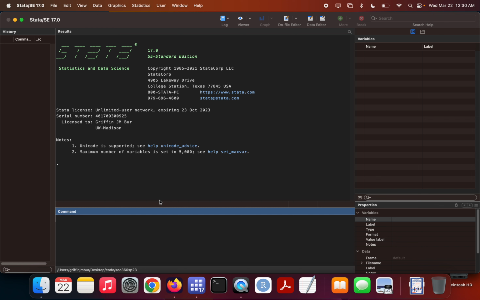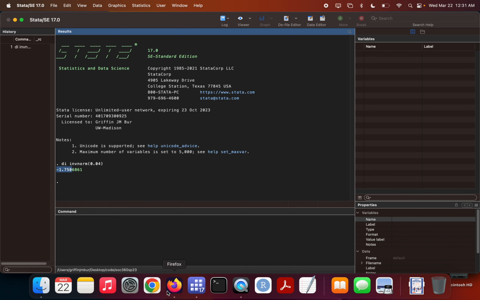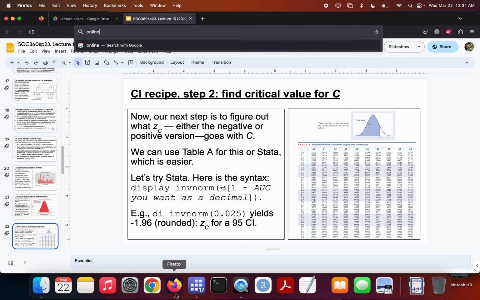What that means is we want to think, okay, what's the area under the curve outside of that? It's 8%. And then what's half of that? It's 4%. So we're going to say display inverse normal 0.04, and we get negative 1.75, and nothing really to round here. So now let's check that using the online stat book.